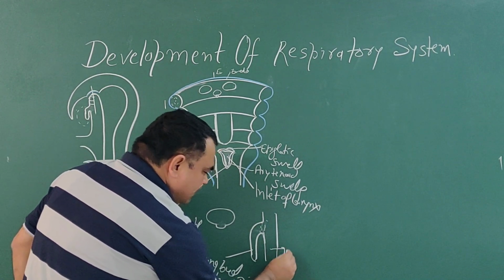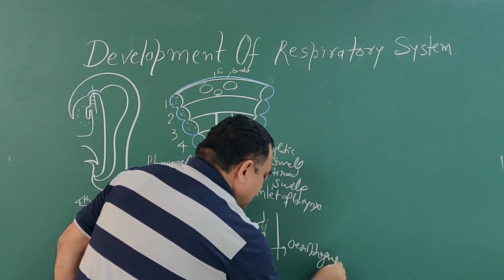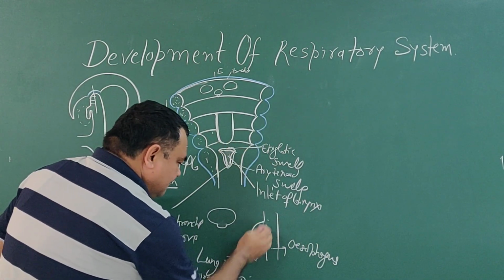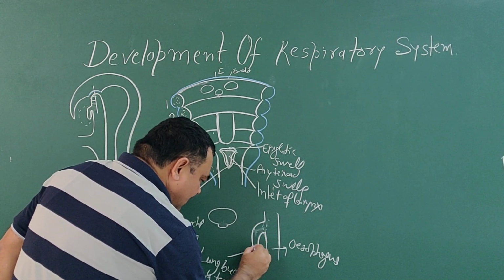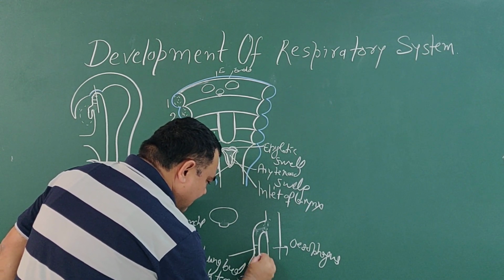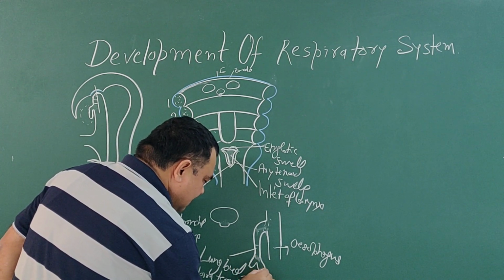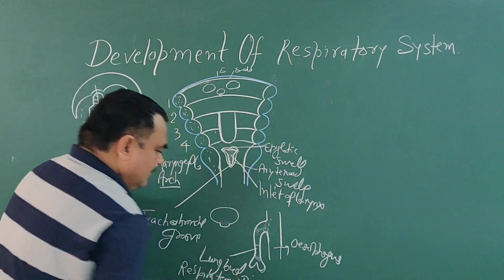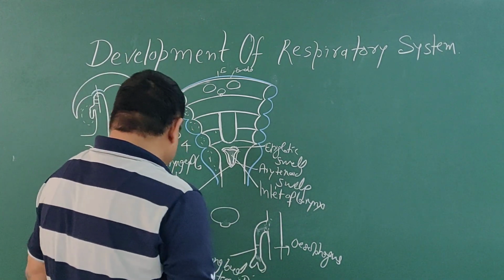This portion forms the esophagus, this forms the larynx, and in the lower part the lung buds arise here. Here it divides into two parts like this. Two buds are formed.